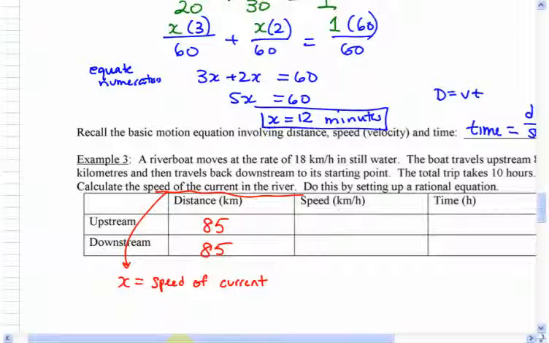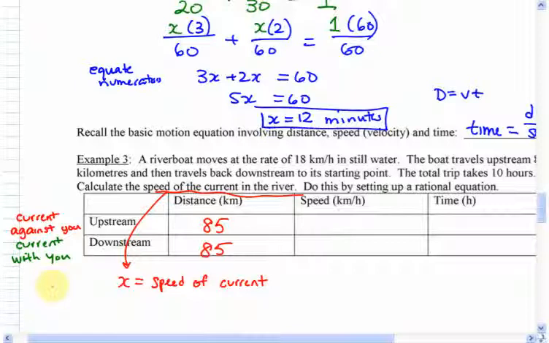Because the speed of the current goes against you. So I'm going to write this down here. The current is against you when you go upstream, because that's why it's slower. And then what happens when you're going downstream? Well, the current is with you.